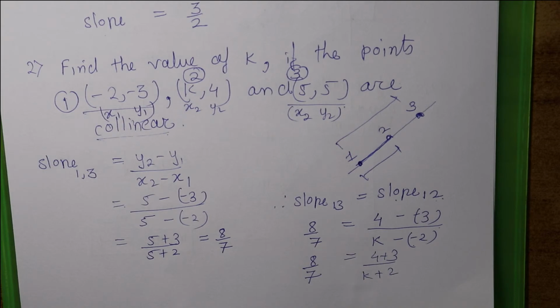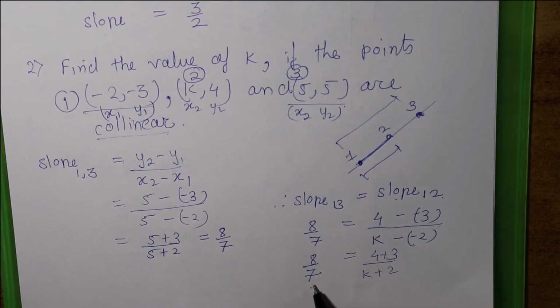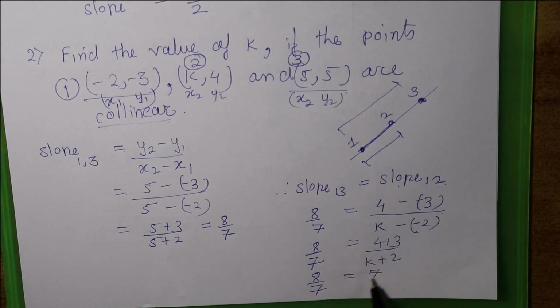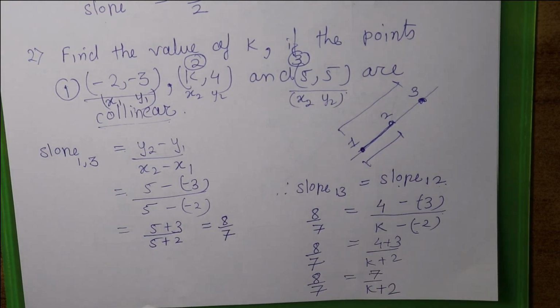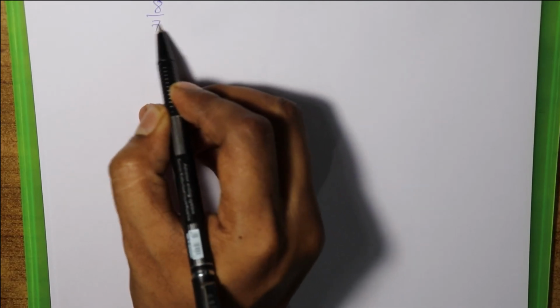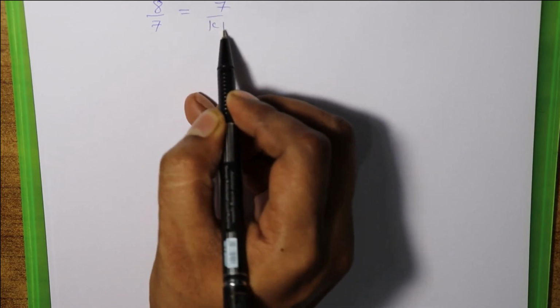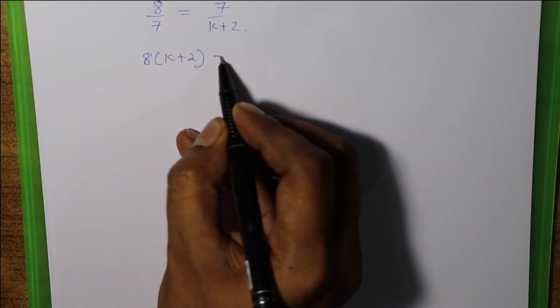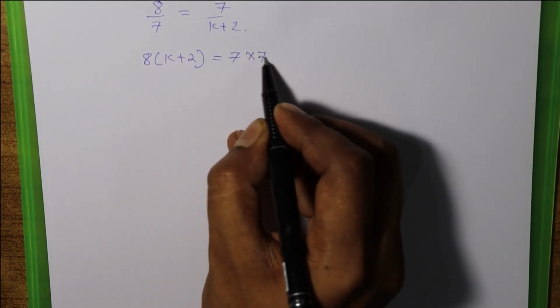Now we can simplify this. 4 plus 3 would be 7, upon k plus 2. So now we further solve the equation, that is 8 by 7 is equal to 7 upon k plus 2. Therefore we cross multiply: 8 times k plus 2 is equal to 7 into 7.